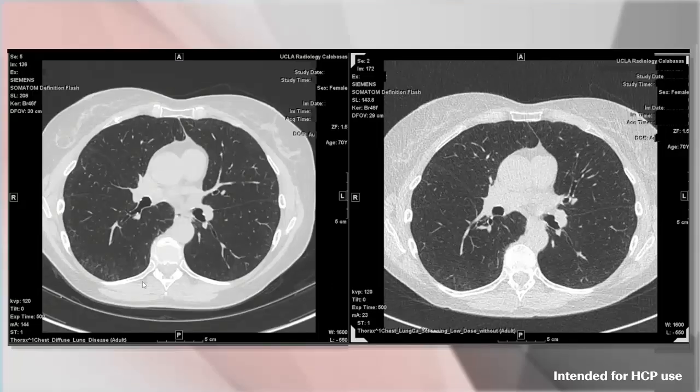Now, if you look at that same area on the HRCT that was done later, we can again see those same blood vessels, but notice that first of all, the blood vessels look a little sharper and a little bit easier to see. But notice the abnormal lung, or those reticulations and small little nodules, are much more obvious on the standard dose HRCT compared to the low dose screening CT. And again, if you were to do your HRCTs at this extremely low dose, you probably would undercall disease or, in some cases, not be able to detect it at all.